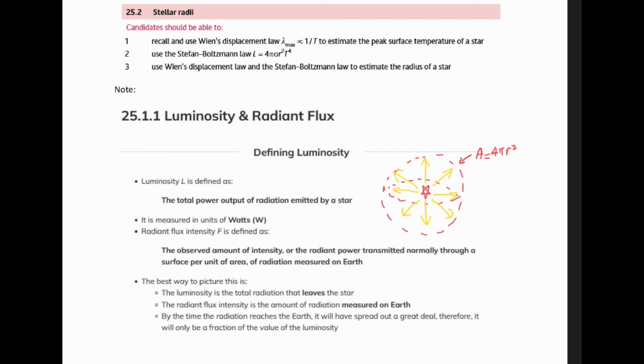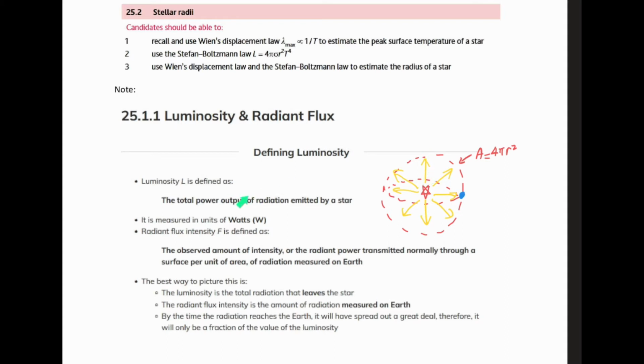We want to talk about this surface area because if we have the Earth over here, you won't detect the power from all directions. The light here is not reaching the Earth. This light is not going to the Earth, and so on.